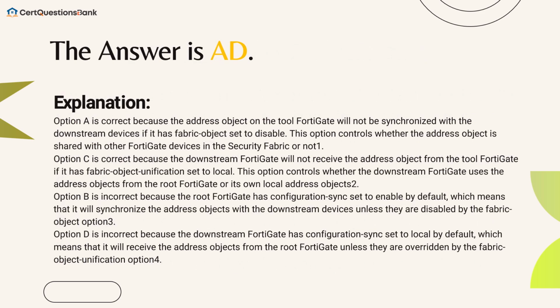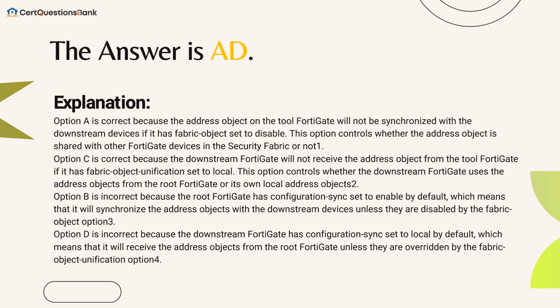The answer is AD. Option A is correct because the address object on the root FortiGate will not be synchronized with the downstream devices if it has fabric object set to disable. This option controls whether the address object is shared with other FortiGate devices in the security fabric or not.